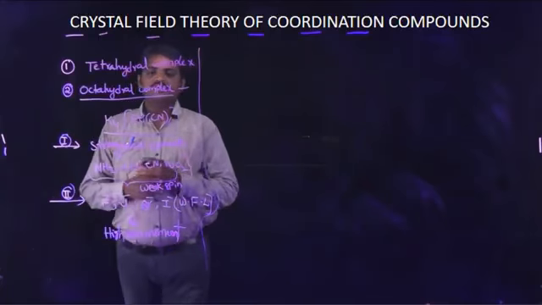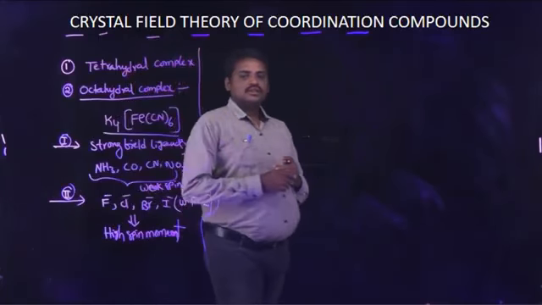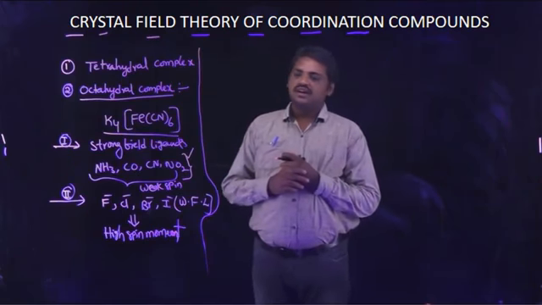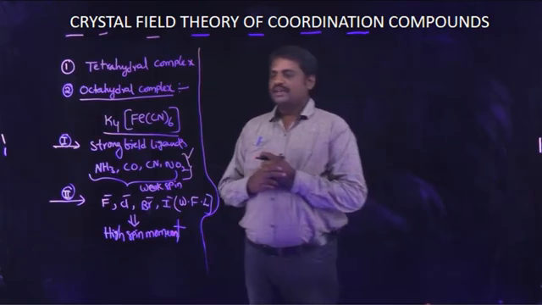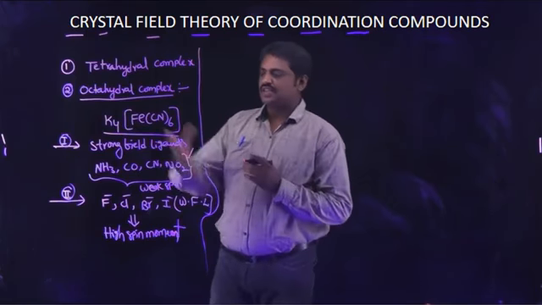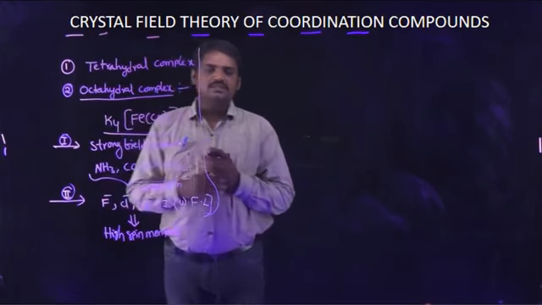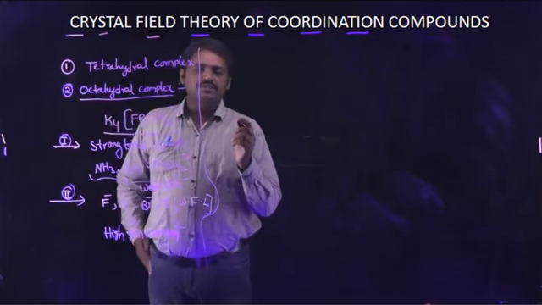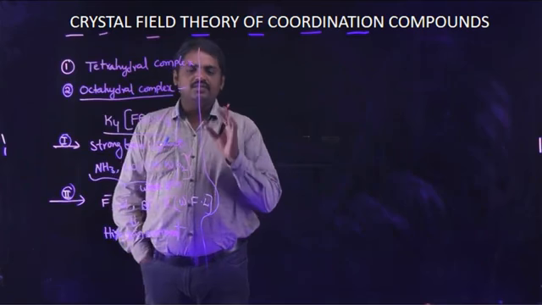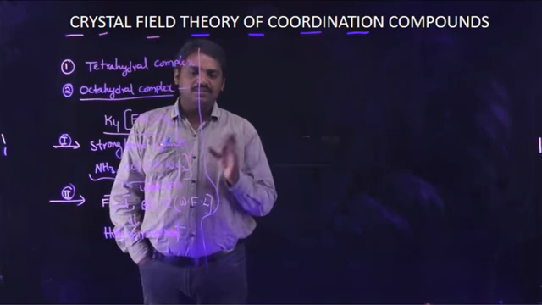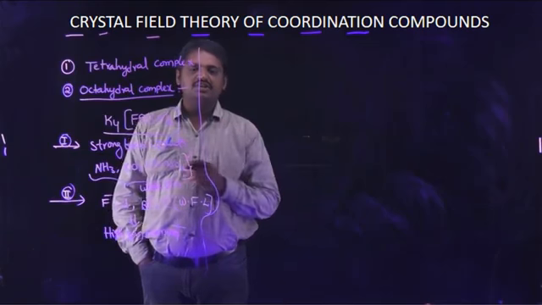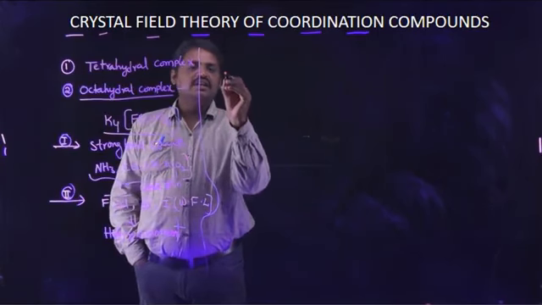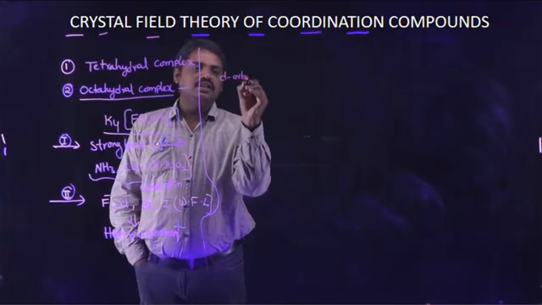For example, the splitting process of octahedral complexes can be clearly observed. In this complex, the central atom is iron, a d block element. The d block elements contain 5 d orbitals.